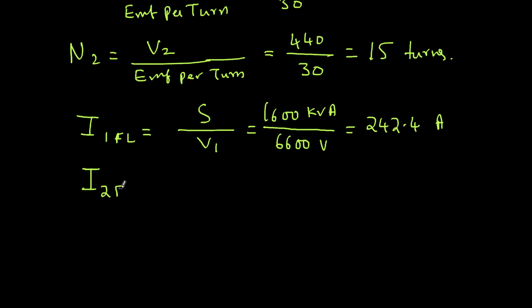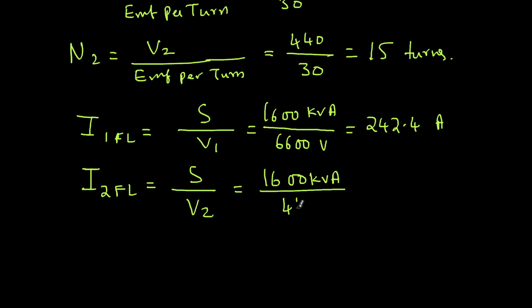So this way I got the primary current under full load conditions based on the rating. Similarly, what is the secondary current under full load conditions? Let's calculate that also. This is 1600 kilovolt ampere divided by the secondary voltage, which is 440 volts.